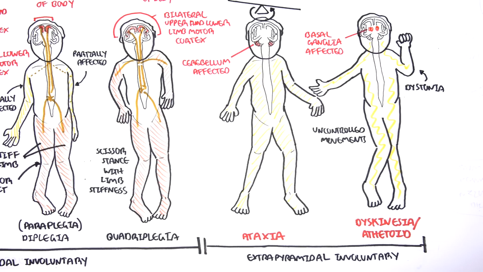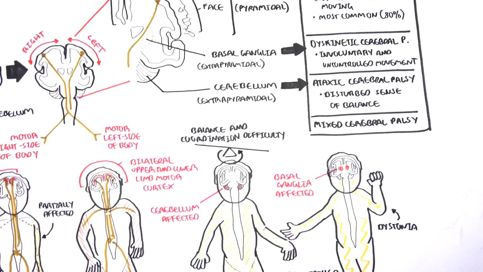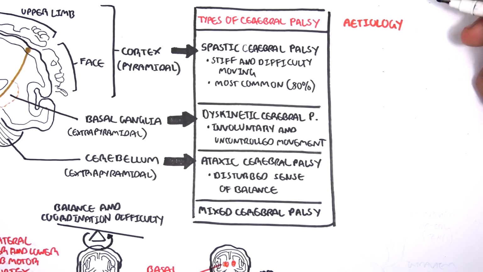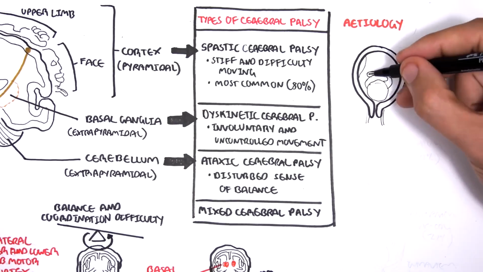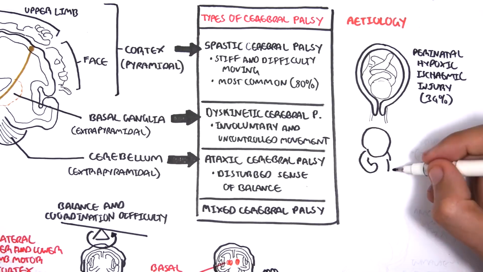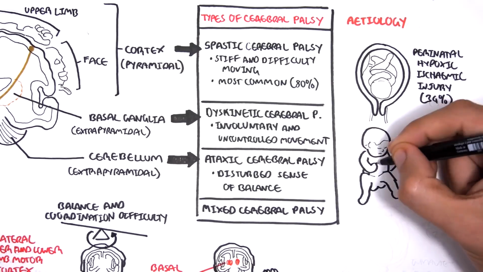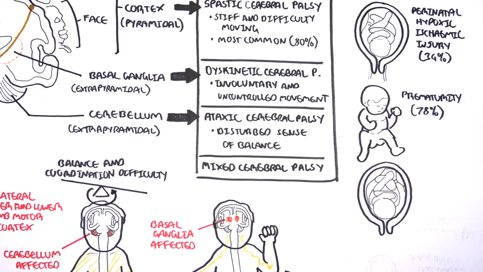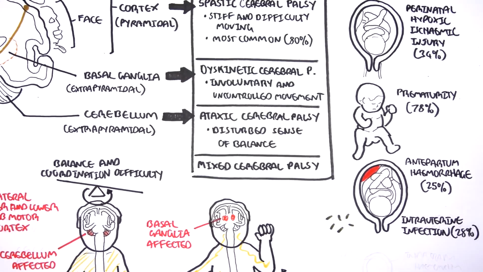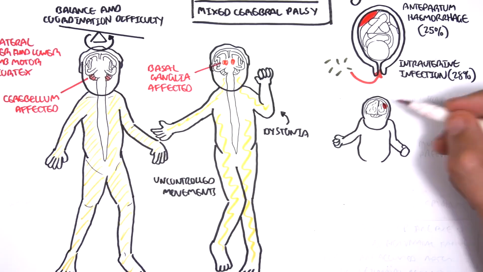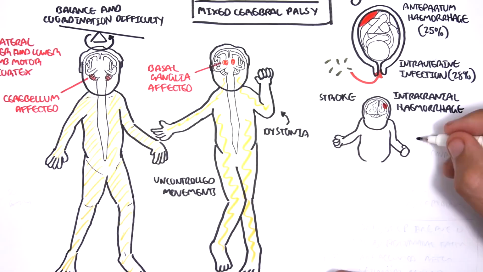So what causes cerebral palsy? Well, there is no exact cause, but there are thoughts that a number of things could have a relationship to cerebral palsy. These include perinatal hypoxic ischemic injury, prematurity, which is seen in the majority of cerebral palsy patients, antepartum hemorrhage during pregnancy, intrauterine infections as well, and intracranial hemorrhage in the fetus or fetal stroke.